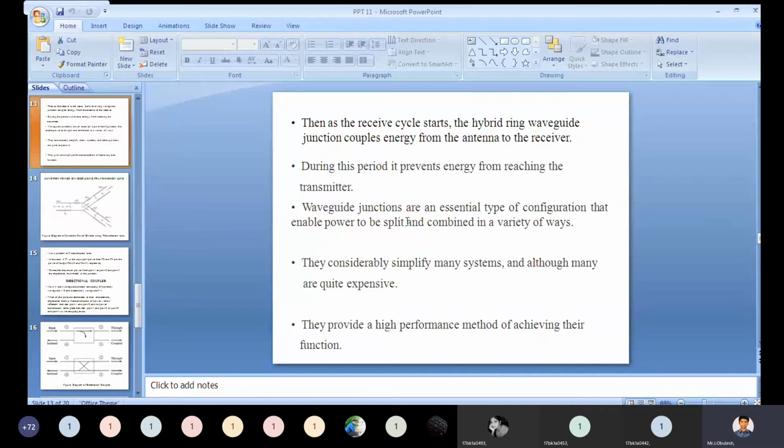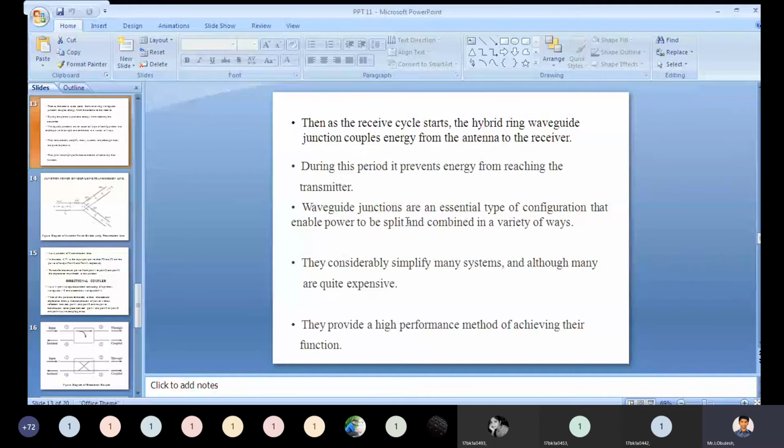During this period, it prevents the energy from reaching the transmitter.